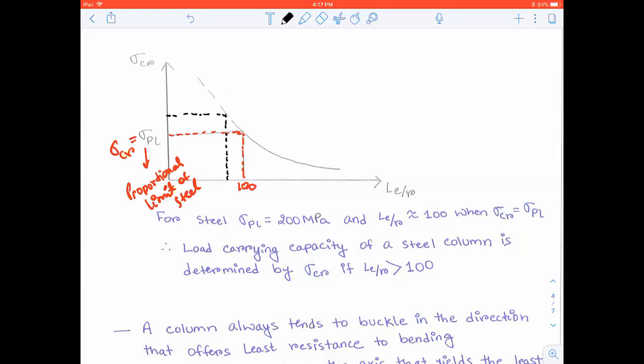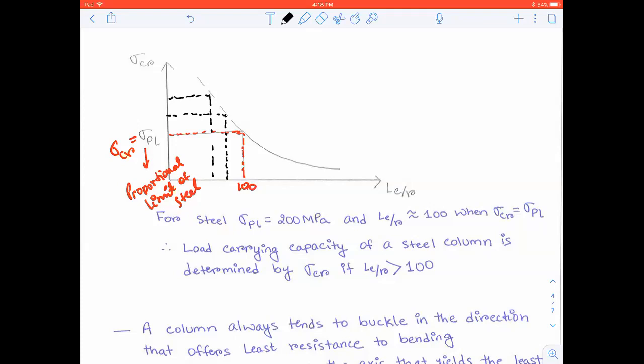So below a slenderness ratio of 100, the critical stress you calculate is much higher, so the material is going to yield, or in other words fail, before you reach the critical load.